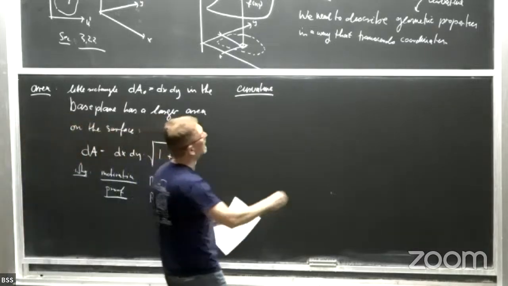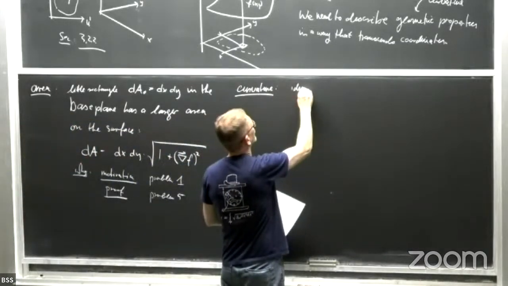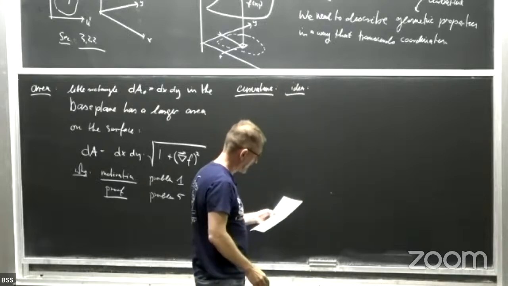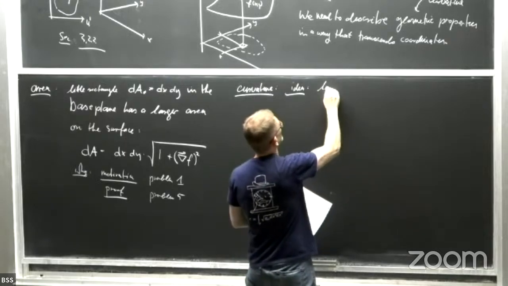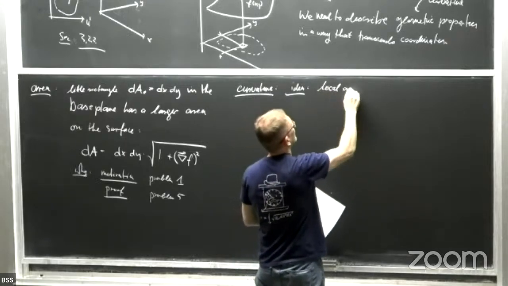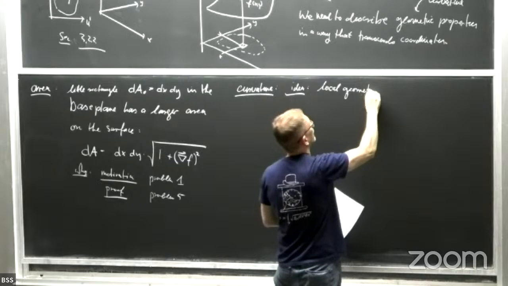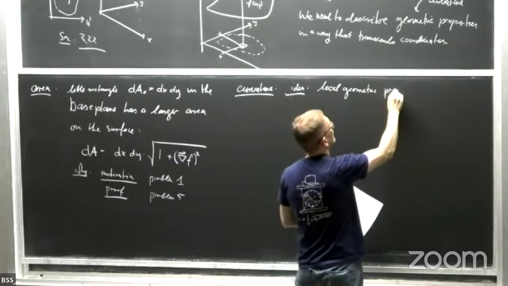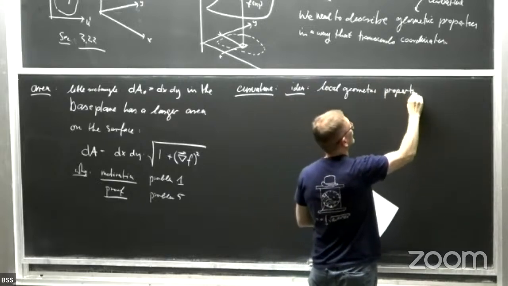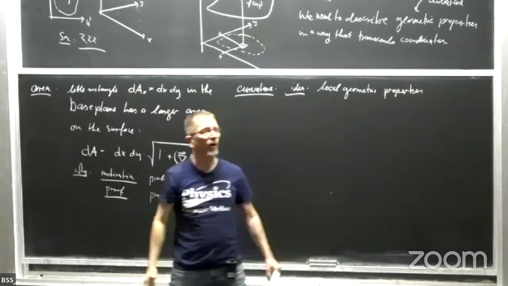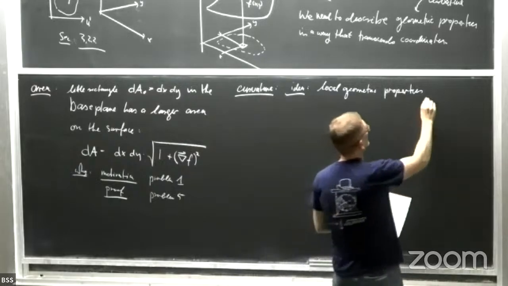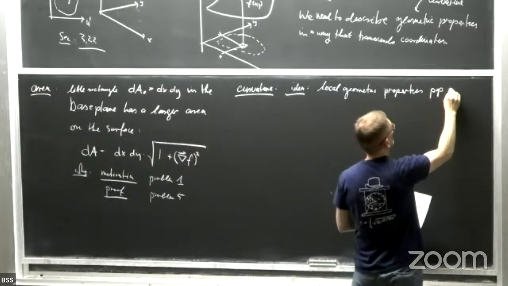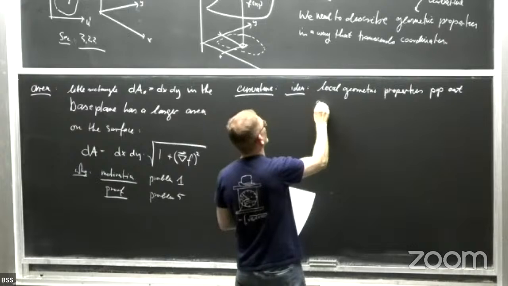So the idea here is that local geometric properties, and the curvature is clearly a local property, local geometric properties, in some sense, pop out of local expansions.